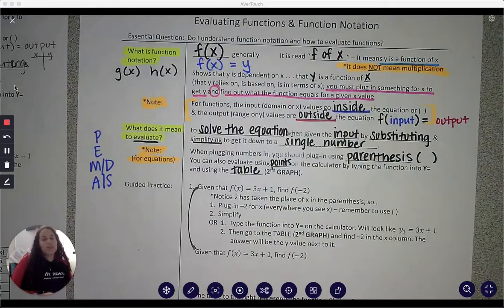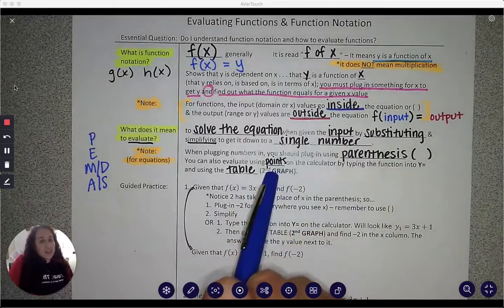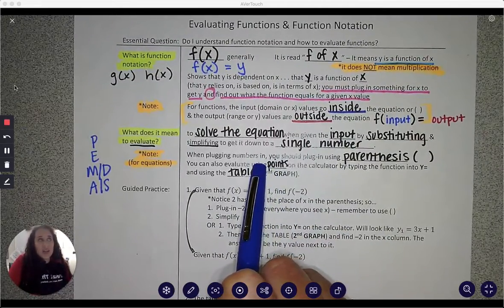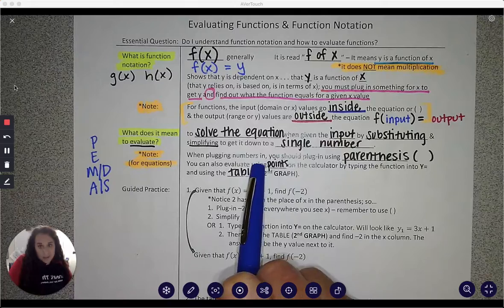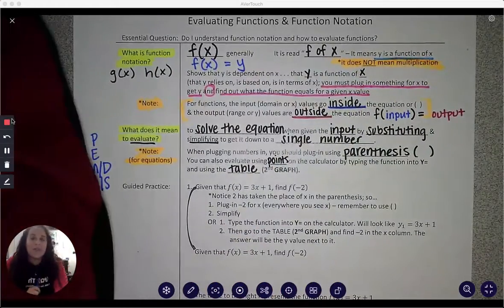We will use this a lot when it comes to evaluating, but I am also going to tell you that using the table and the calculator is one of the easiest ways to do it, and you're not going to make algebra mistakes. Okay, so copy these down and then come back for your examples.